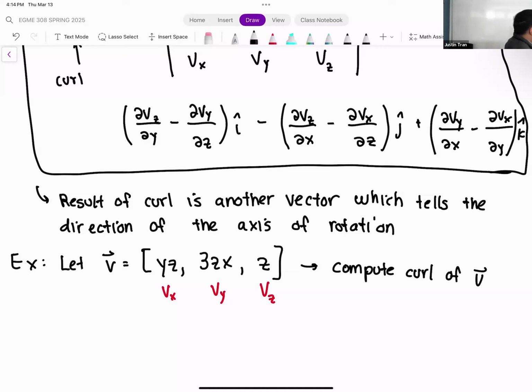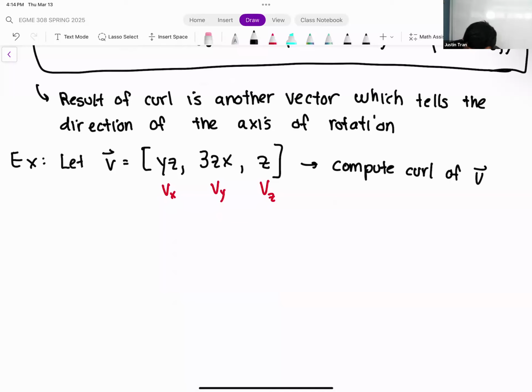To compute this curl, you can just plug into the expression that I have there, but let me show you how I mentally do it with the matrix. So let's plug it into our 3x3 matrix. We have the curl of V. The first row is i hat, j hat, k hat.